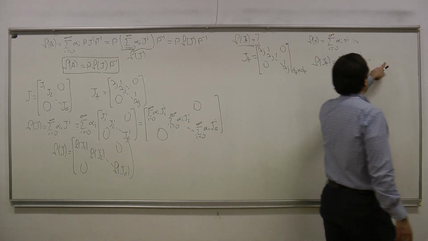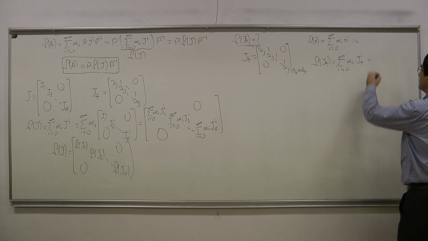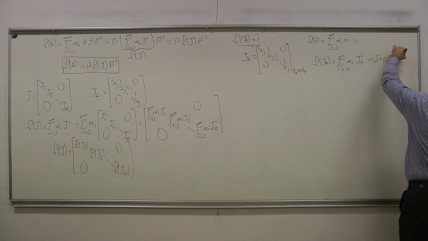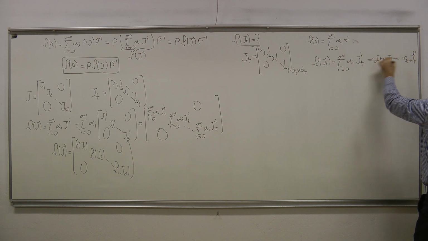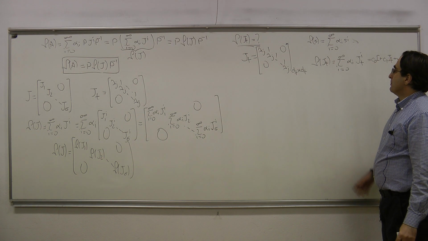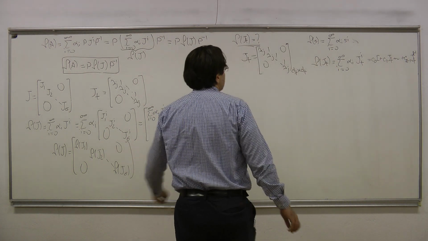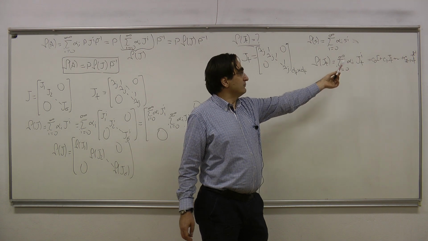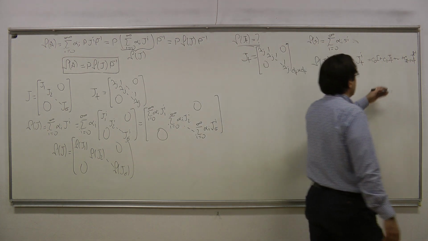Then I need to write this as a finite polynomial and find the unknown coefficients: C0 identity, C1 JT, going until C L minus 1 JT to the L minus 1, because there are infinitely many terms here. But fortunately, there is an easier way. In this method, I would need to use the first method of calculation that we have seen in the last lecture, but here I don't want to apply it.